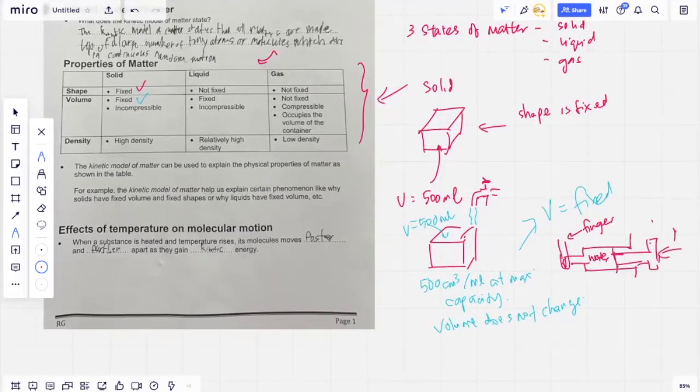Then I apply a force here. What will you observe? Will the plunger go in if I apply a force down there? By right it shouldn't.